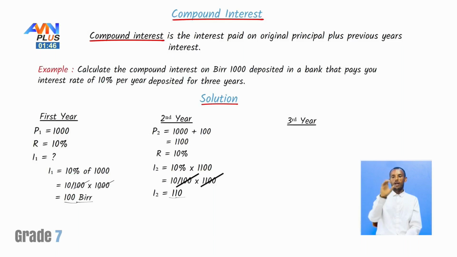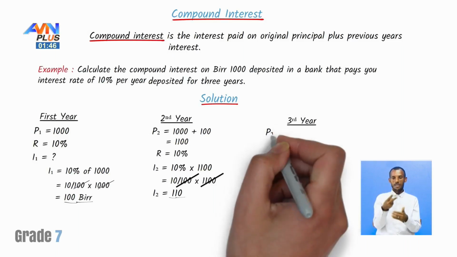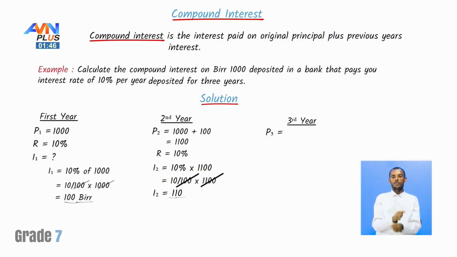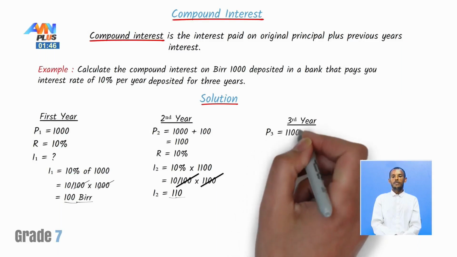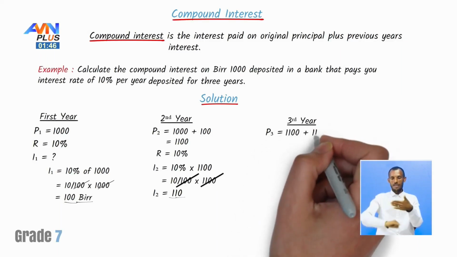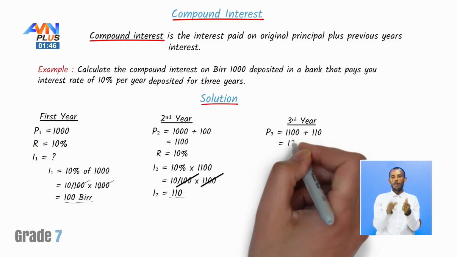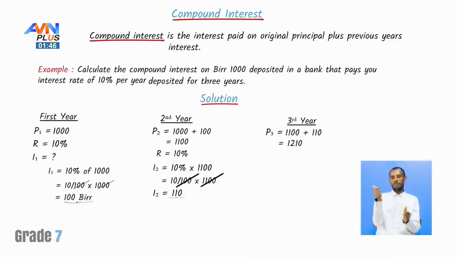Now let's proceed to the third year. The money that gives you interest is not only 1,100. On this money, you have earned an interest of 110.